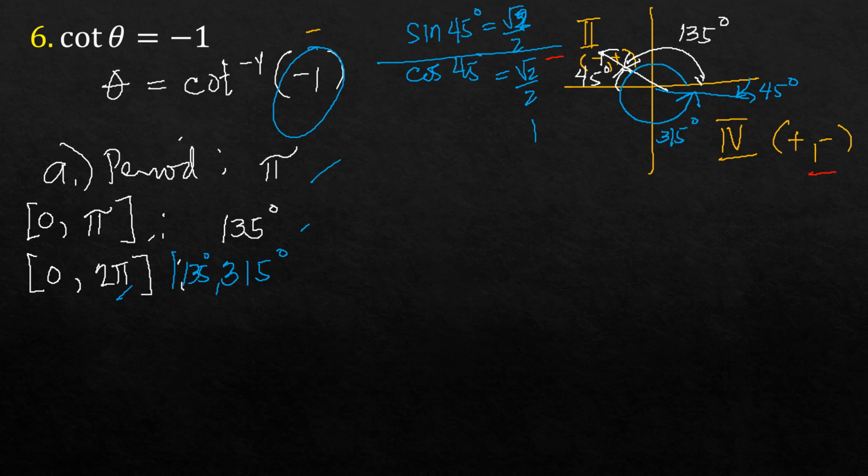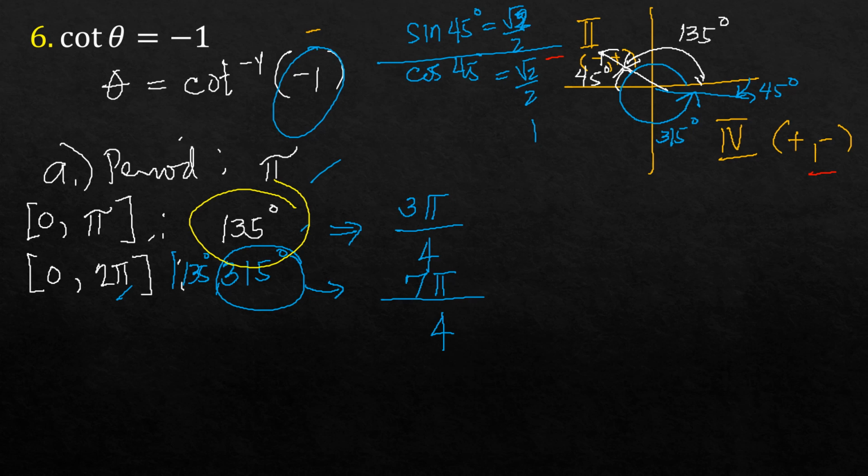Now, express 135 degrees in radians. That is 3 pi over 4. For 315 degrees, when you express that in radians, that is 7 pi over 4. But since cotangent has a period of pi, we will just recognize 135 degrees, because it will also repeat 315 degrees in the general solution.